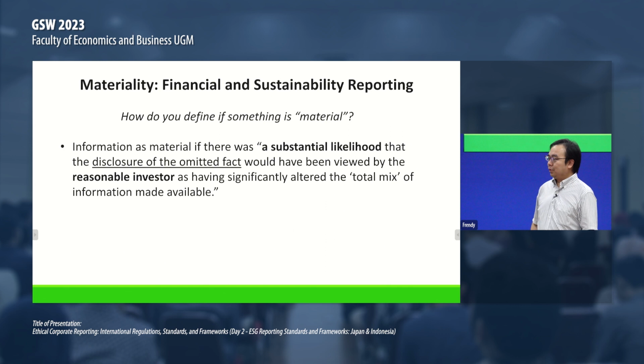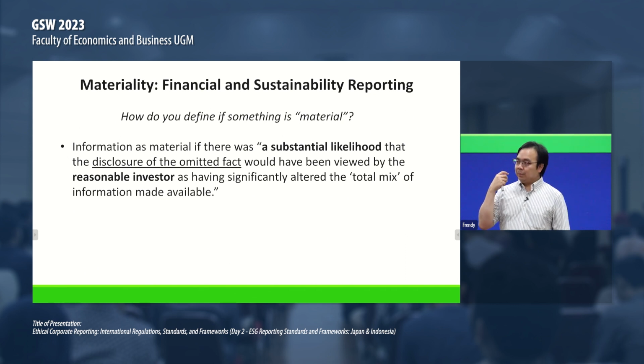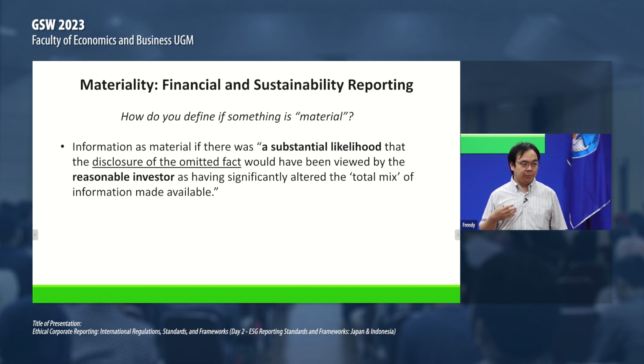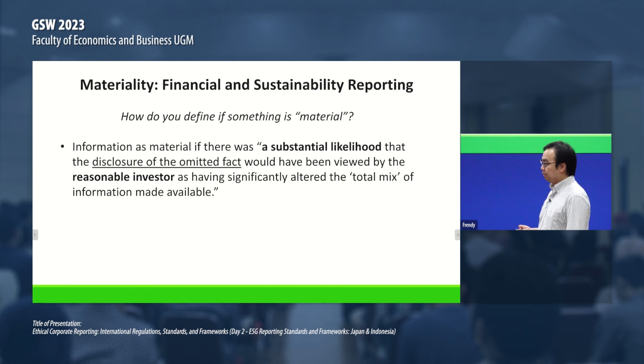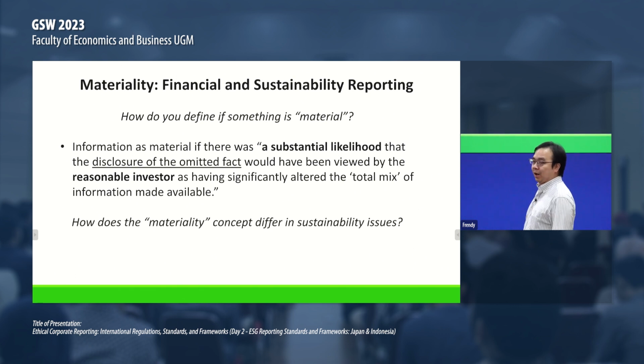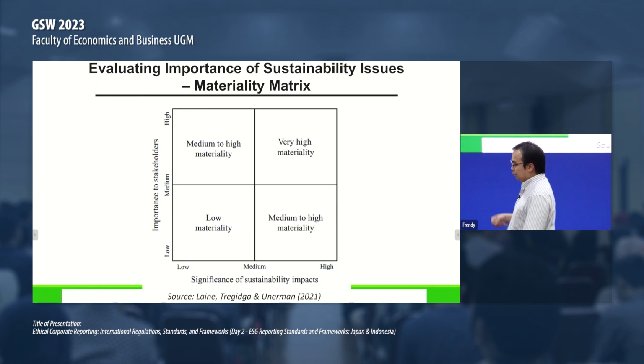Okay? So this is the, we can say, official definition. If the material information is omitted, then what happens to your decisions? Then you want to change your decision. That's the definition of material. Okay? If it's missing from your decision-making process, it will significantly affect the outcome. Okay? So let's see how this concept is applied in sustainability reporting. Okay?